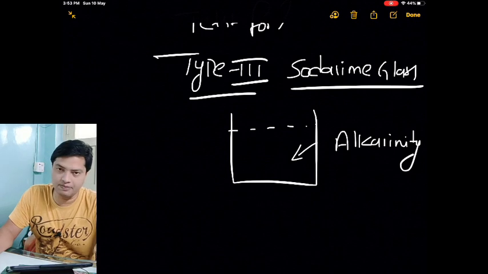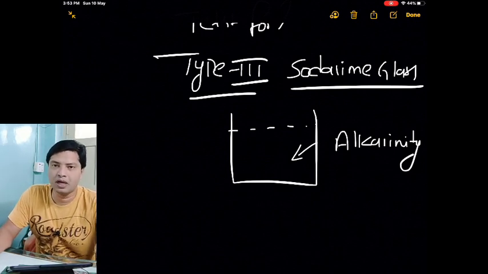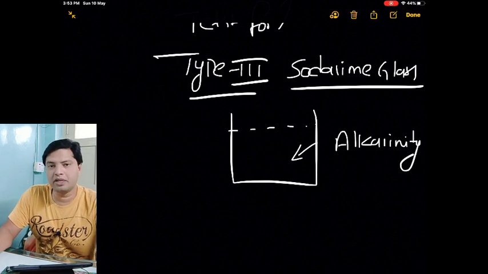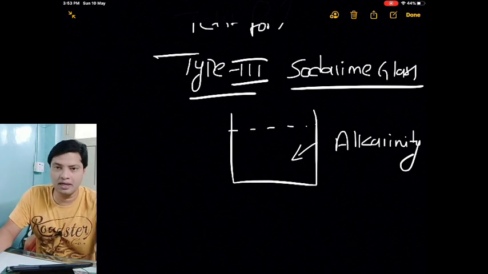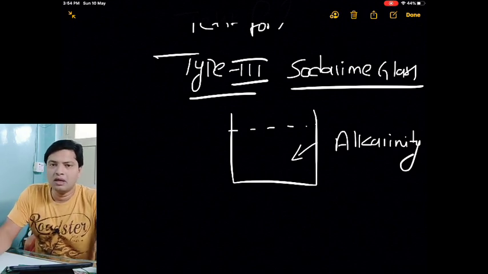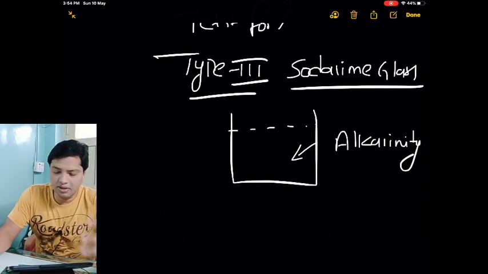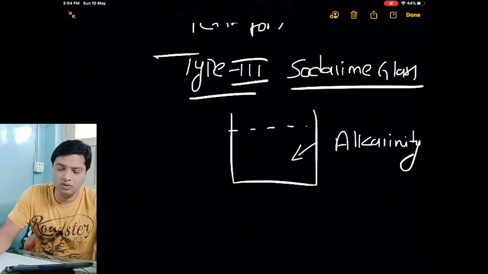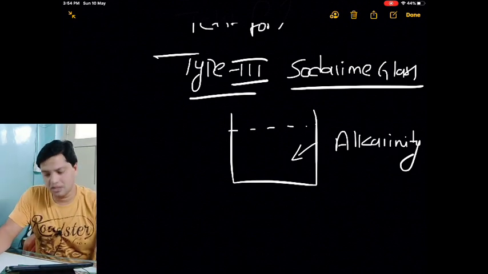The substances present in the soda lime glass will leach into the solution kept in the glass, and they will increase the alkalinity, or you can say the pH. So it is reactive. It will increase the pH of the solution kept in this glass.